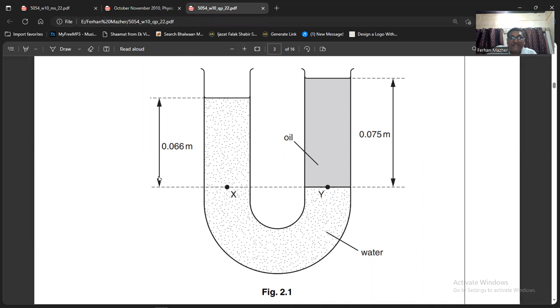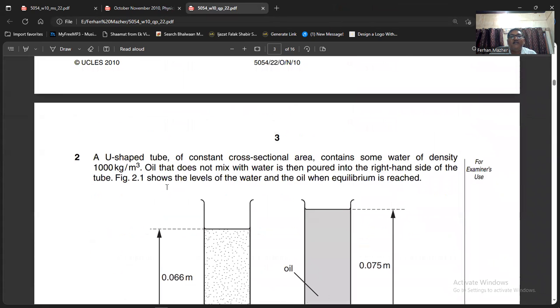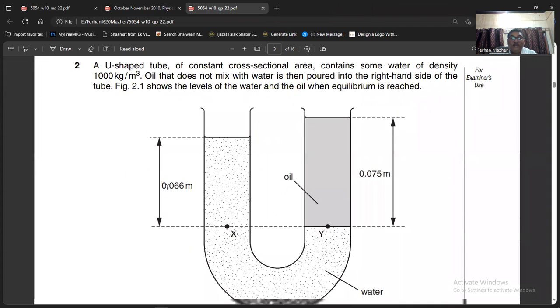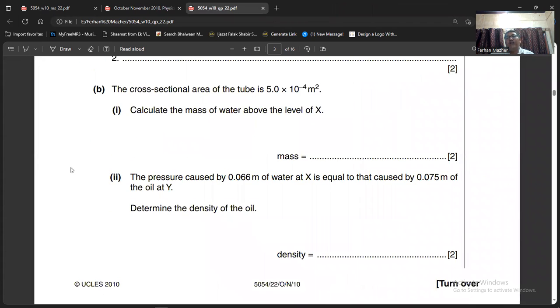And we know the cross-sectional area, so I can find the volume of the water. And then here you can see the density of the water is also given. If you know the volume of the water and you know the density of the water, you can find out the mass of the water. You know the density is equal to mass divided by volume. So the mass is equal to density multiplied by volume.